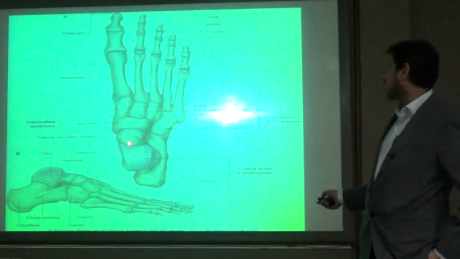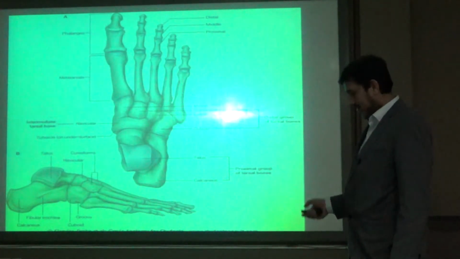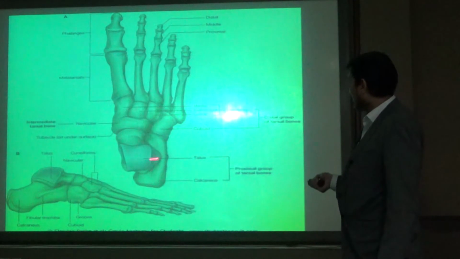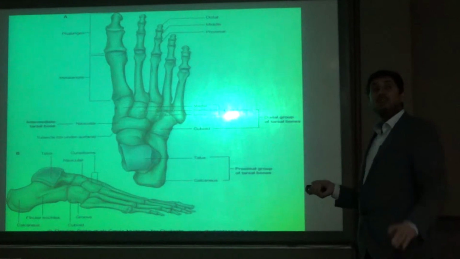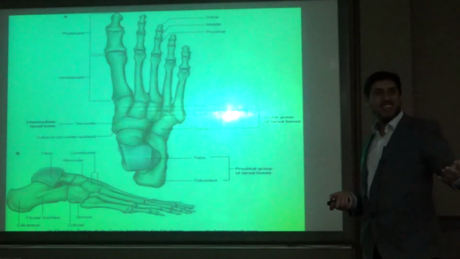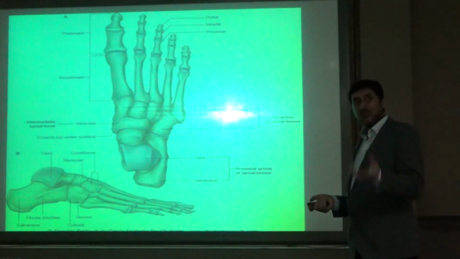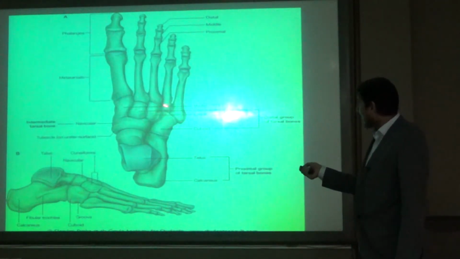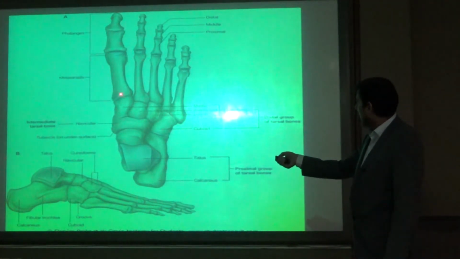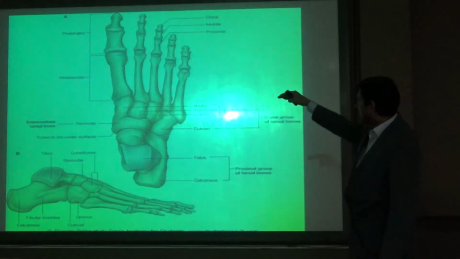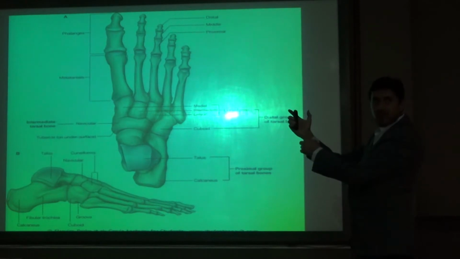In front of the tarsal bones, not talus, sorry, I was confused and said the wrong word, you have the metatarsals. How many? 1, 2, 3, 4, 5, like here.